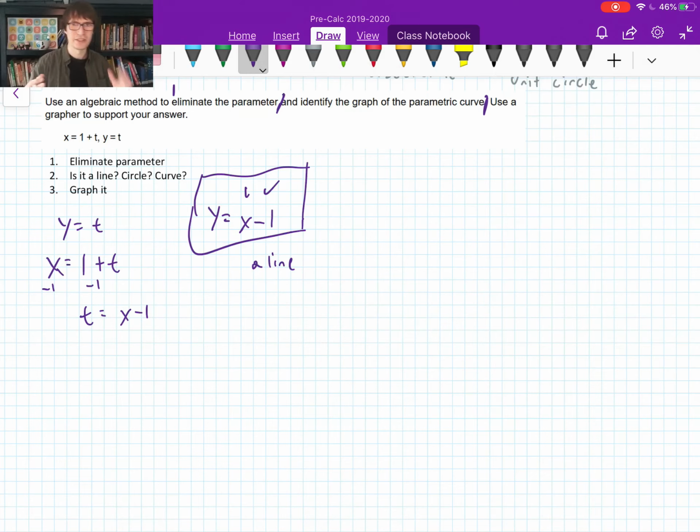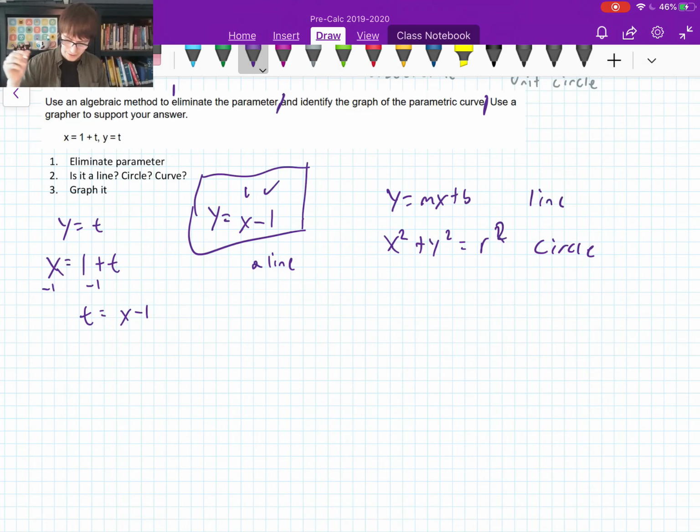And here's some other options you could have. If it looked like a circle, for example, you'd have something like x squared plus y squared equals the radius squared. That's the circle, remember? And then a line would be y equals mx plus b. And other forms like that, if you had y equals x squared plus b, then that would be a parabola.